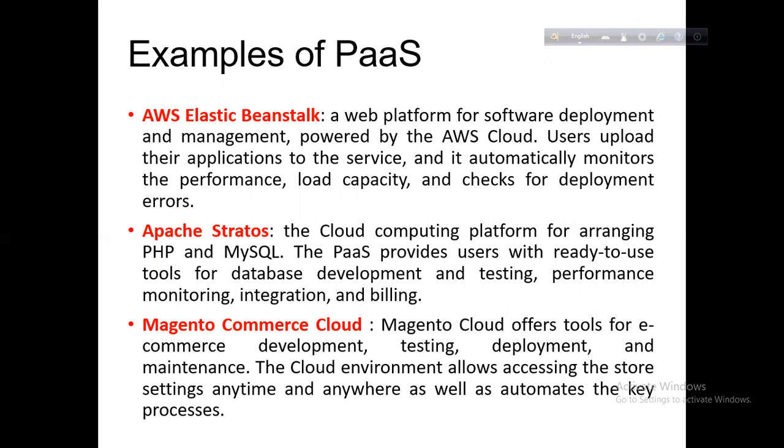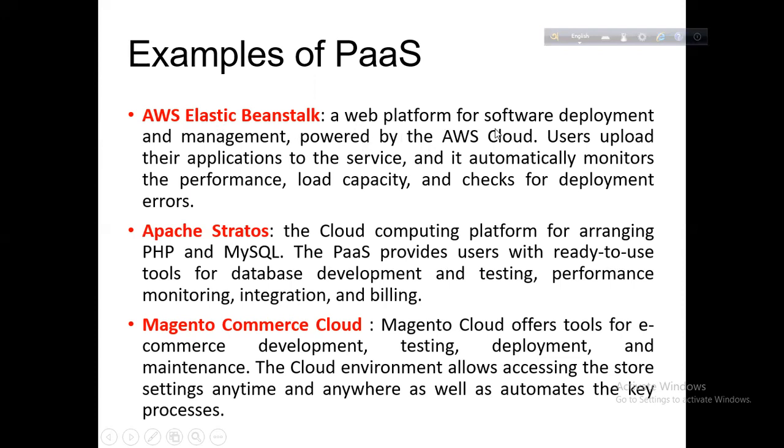I was browsing through the net today, and I got one article from where I took these examples. Magento Commerce Cloud. These are some of the names which I also haven't used, but you can get an idea. Of course, we know AWS Elastic Beanstalk.